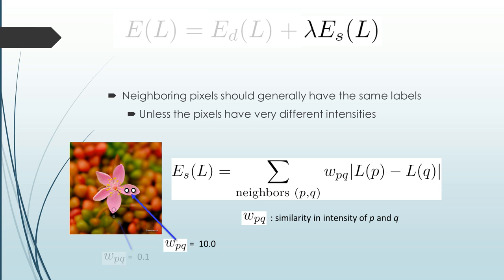But let's say we have another two points that fall into different regions of the image and have different colors. Then the weight is very, very small. This is how we can define the smoothness of the pixels.